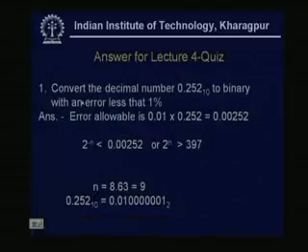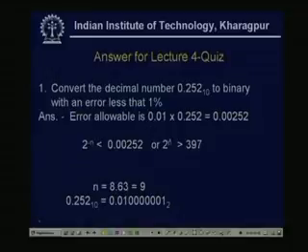The first question was to convert the decimal number 0.252 to binary with an error less than 1%. Now, as the error is 1%, what will be the error on 0.252? We will be multiplying this by 0.01 into the number 0.252.